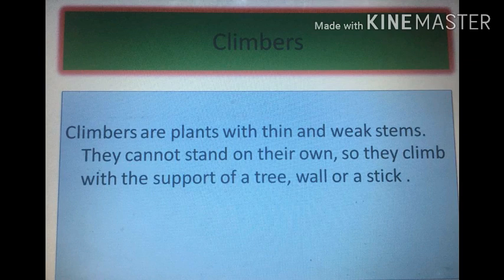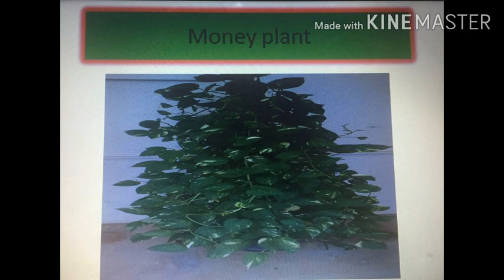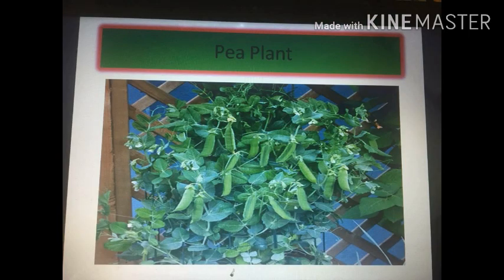Now we'll learn about climbers. Do you know some plants have weak stems and they need support, such as a wall or a stick or another tree to grow? These plants are called climbers. Some common examples of climbers are money plant and pea plant.